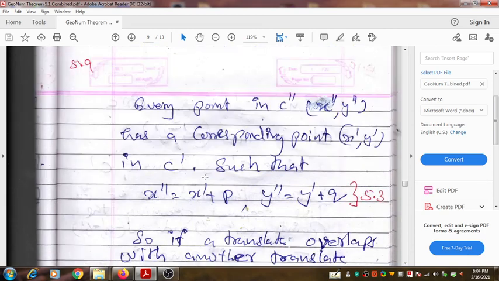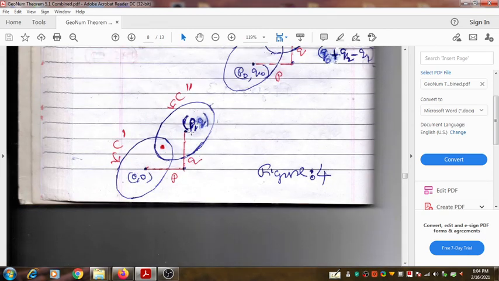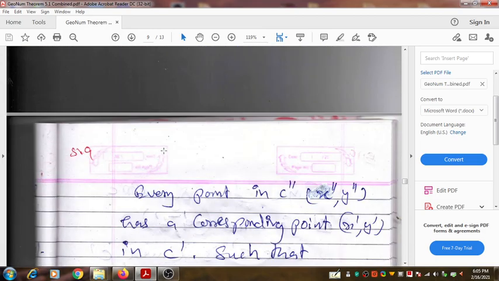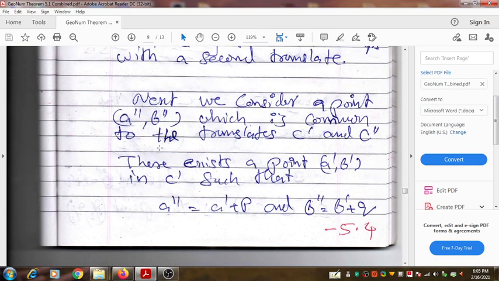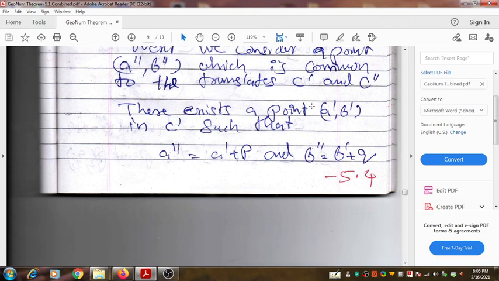Using the fact that every translate has another translate sharing some points, we consider these two translates which share their points, and we take a point common to both of them, and that point is given the name a double prime, b double prime.